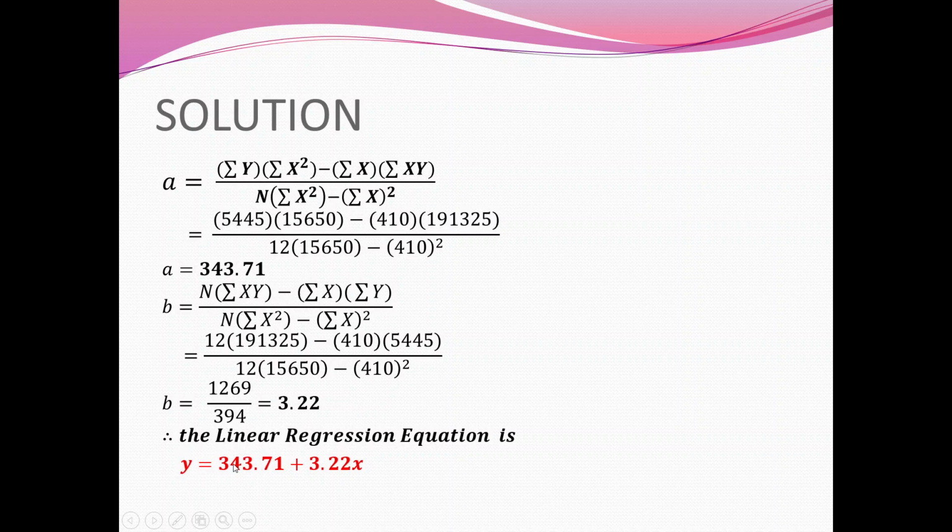And then substituting to the linear regression equation, y equals A plus Bx. If A is 343.71 and B is 3.22, our linear regression equation here is y equals 343.71 plus 3.22x.